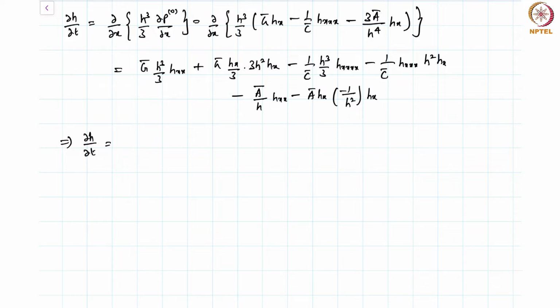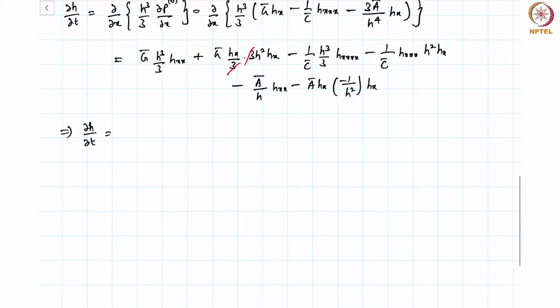we can do a few simple cancellations here. For example, the 3 cancels with this 3 here, and what I now have is G bar h cube by 3 h_xx, h_x square, the fourth derivative of h.